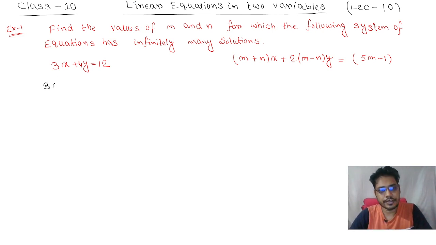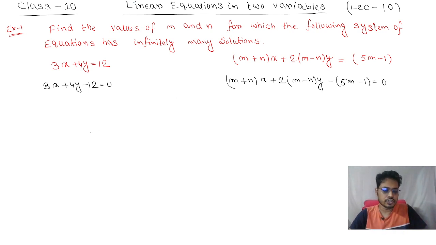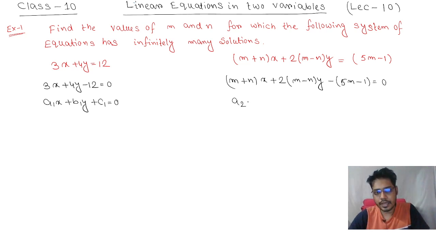So that means we can write 3x plus 4y minus 12 is equal to 0, and (m plus n) x plus 2 into (m minus n) into y minus (5m minus 1) is equal to 0.